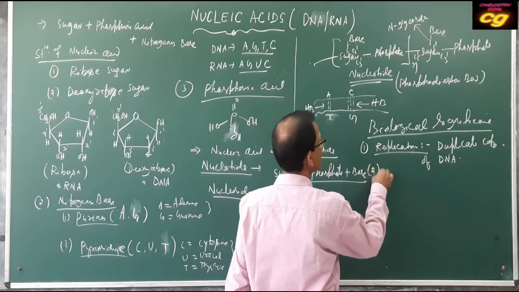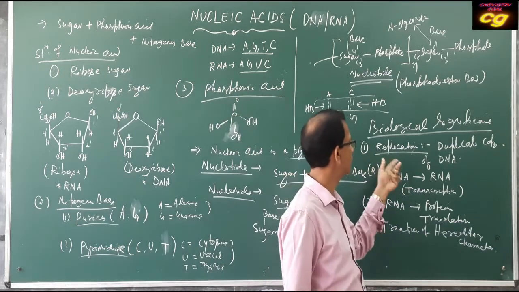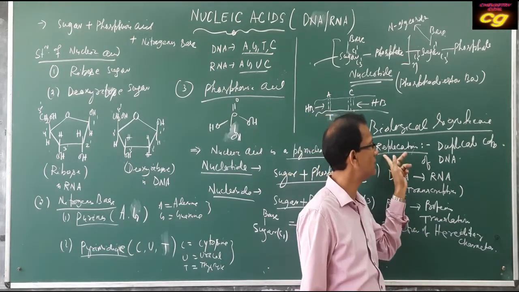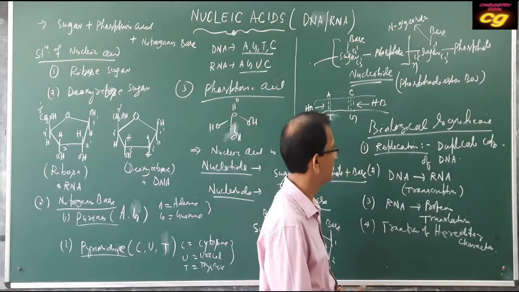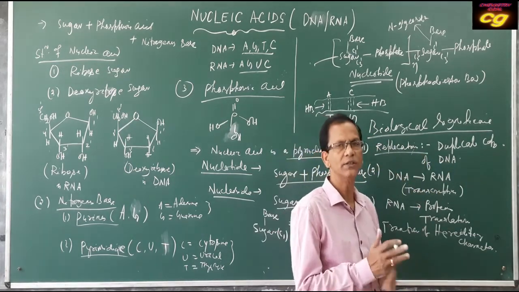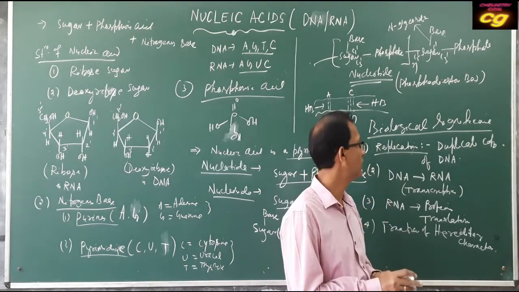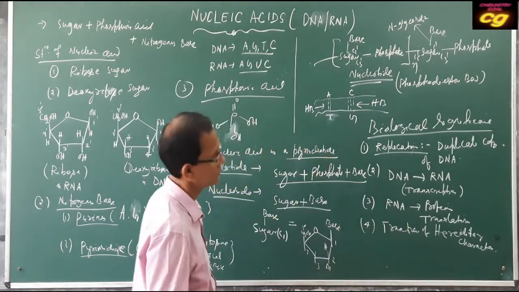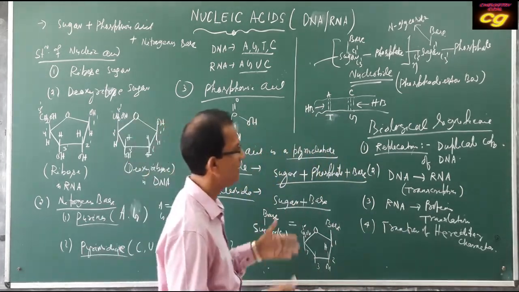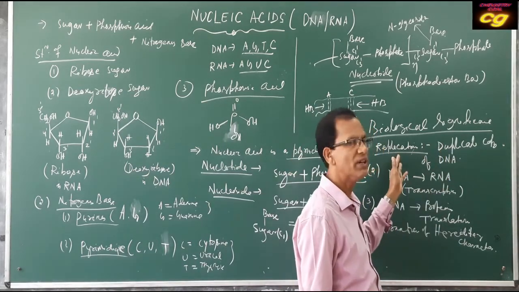So for biological significance, the first one is replication, where the DNA divides into 2 equal halves. The coil shape of DNA is divided into 2 duplicate copies.